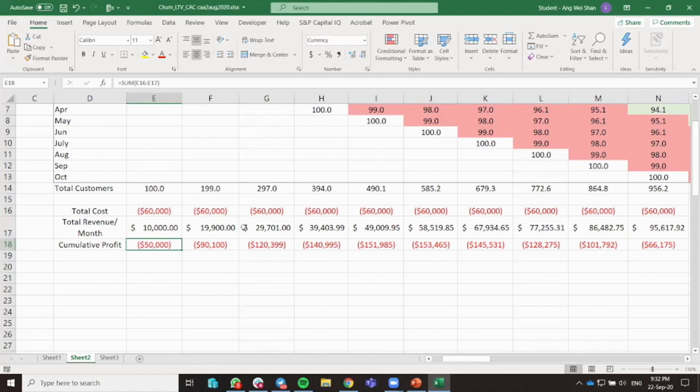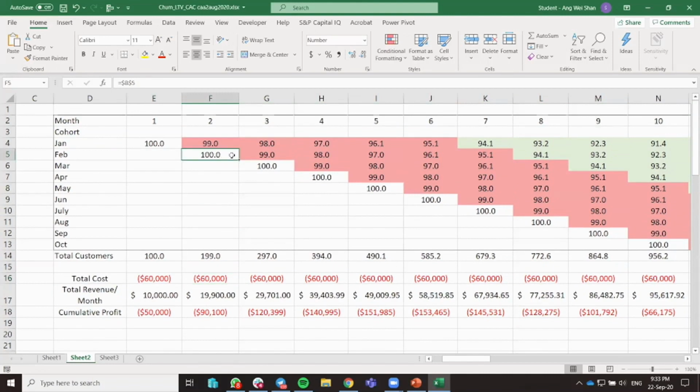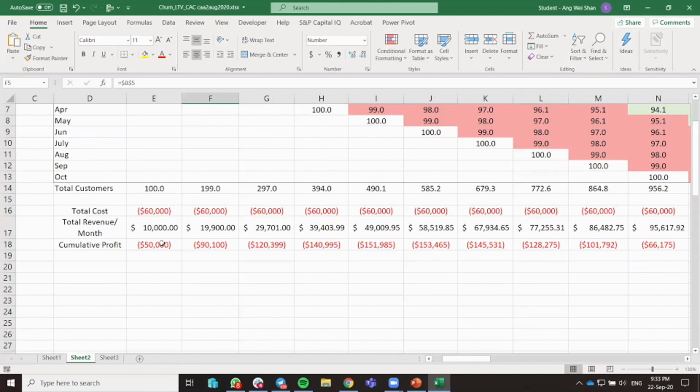Now, in the second month, you incur $60,000 cost again because you're acquiring new customers, and this time it's the cohort of February. So what we do is we bring this loss over to the second month and we incur additional loss again, so that's $110,000. And in the second month, I actually earned $19,900 in revenue.